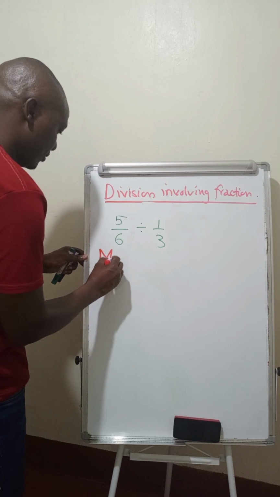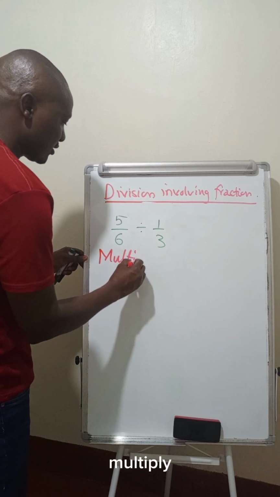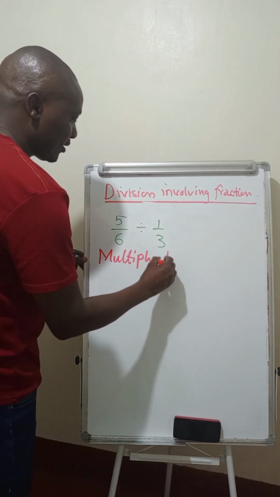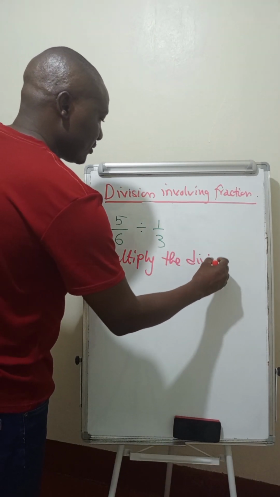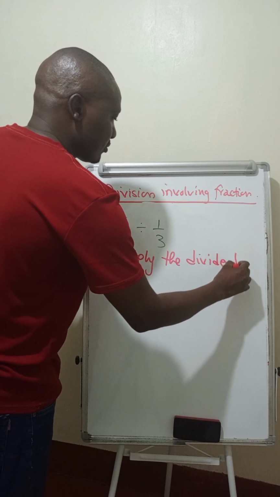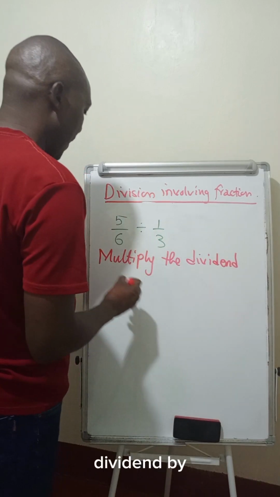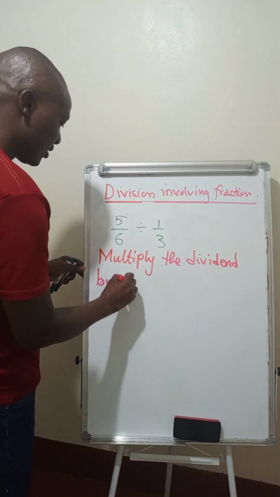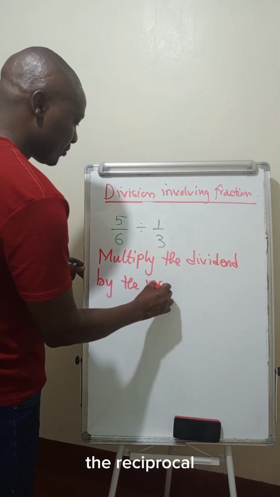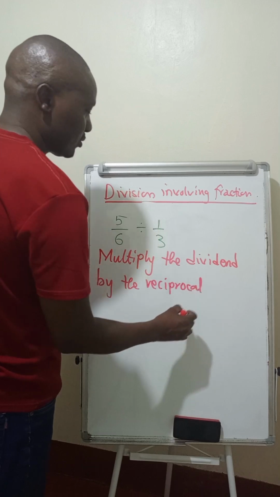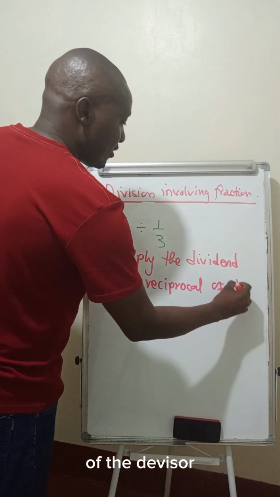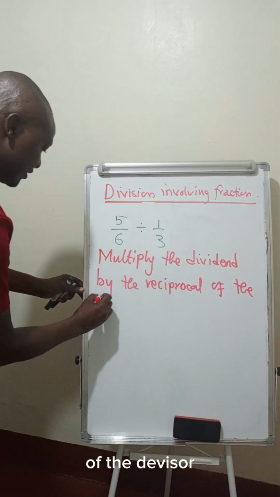multiply the dividend by the reciprocal of the divisor.